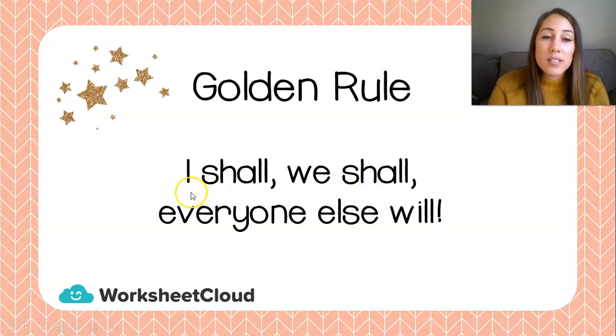Whenever you talk about yourself, I am riding a bike, or I read a book, or I eat supper, you're going to say shall eat, or shall ride, or shall read. Whenever you talk about we, because you are included in the we, we shall eat supper this evening, or we shall swim in a swimming pool. And then whenever you talk about anybody else, you're going to say will.